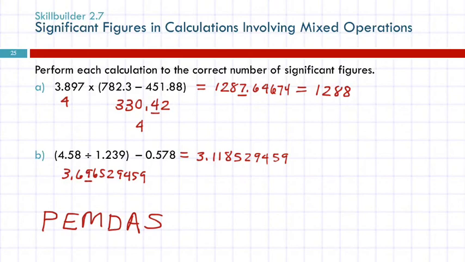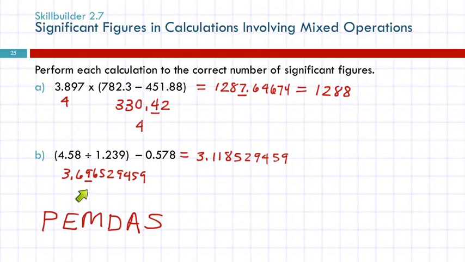3.118529459. It's a lot of digits. This number came from subtracting. We take this number minus that number. So when we're doing a subtraction, we look at number of decimal places. So this number, if we had rounded it, would have 2 decimal places, right?